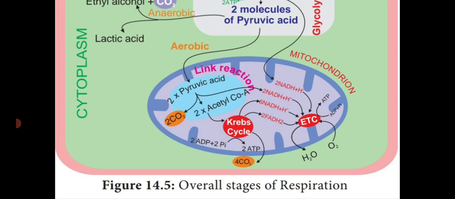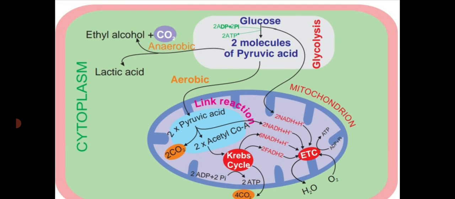So this is the diagrammatic representation showing all the stages of respiration. See, in glycolysis, glucose, the 6-carbon compound, is converted into 2 molecules of pyruvic acid.